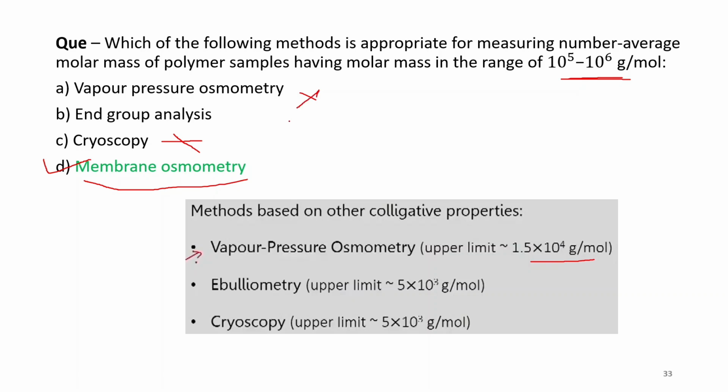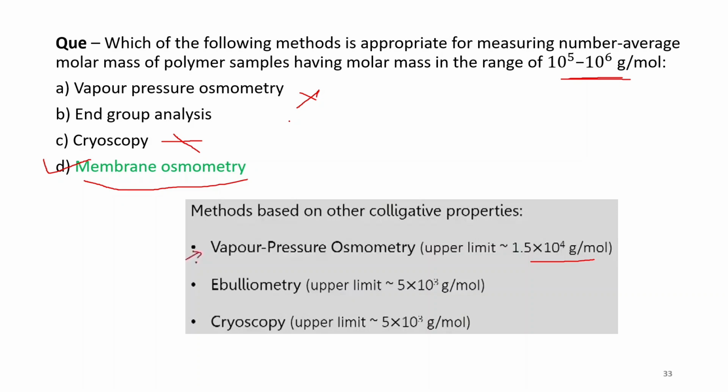Also, vapor pressure osmometry is a complementary method to membrane osmometry because it measures at 10^4, while membrane osmometry measures higher molecular weight, 10^5 to 10^6.